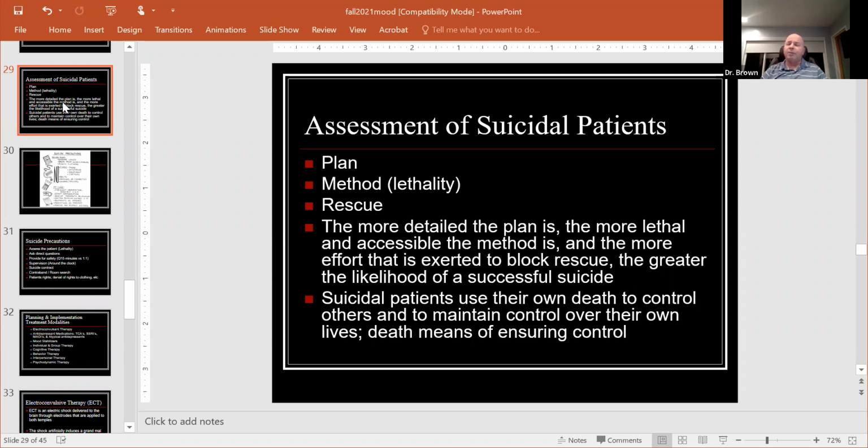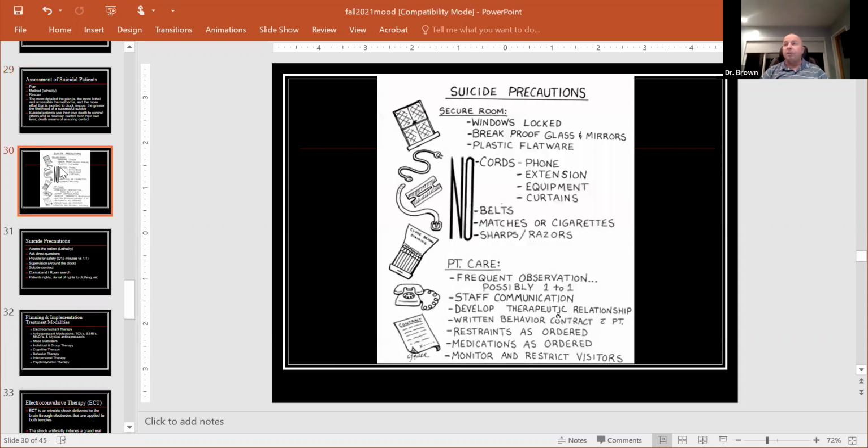So really dealing with somebody that's suicidal, it can be difficult, but again, you have to have their best interest in mind. Okay. So precautions we take on the unit: the windows are locked, they're plexiglass, they're not glass. You'll see in the patient's bathrooms that the emergency cords are probably 2 or 3 inches long, so they can't strangle themselves.